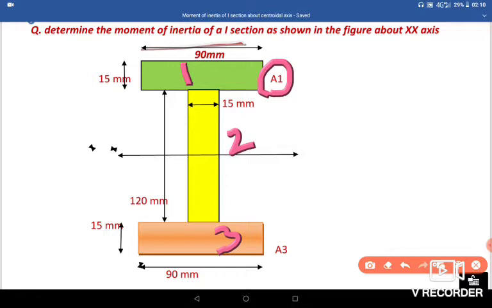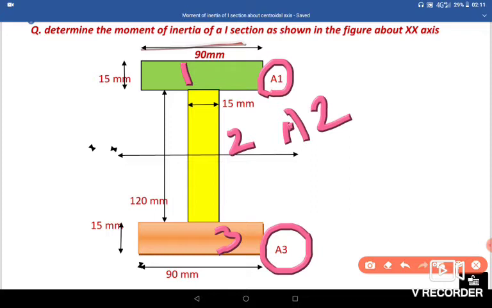Let the cross sectional area of rectangle 1 be A1, the cross sectional area of rectangle 2 be A2, and the cross sectional area of rectangle 3 be A3. From the geometry we can see that the length and width of rectangles 1 and 3 are the same.